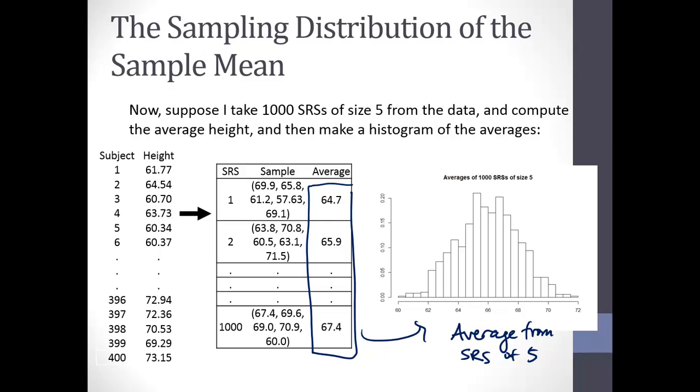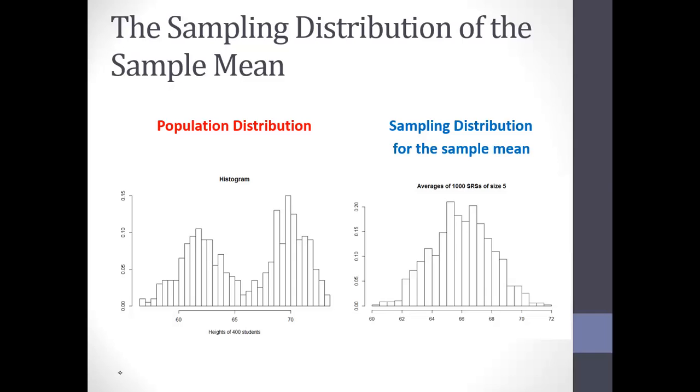So the population distribution has individual people in it, and for the sampling distribution, I take a bunch of simple random samples and calculate those sample means. I'll come back to this example later in this chapter.